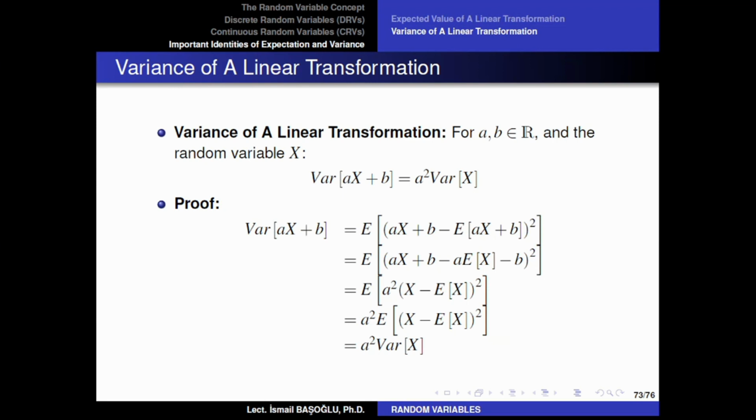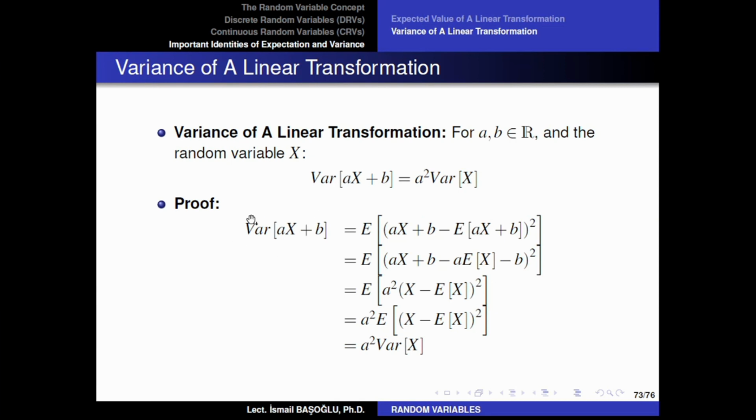Therefore, we say that if you multiply a random variable with a, then this multiplier can get out of the variance by squaring it. So variance of ax is equal to a squared times variance of x. So the constant multiplier gets out of the variance by squaring it. However, b does not get out of the variance. So let's prove that statement as well.